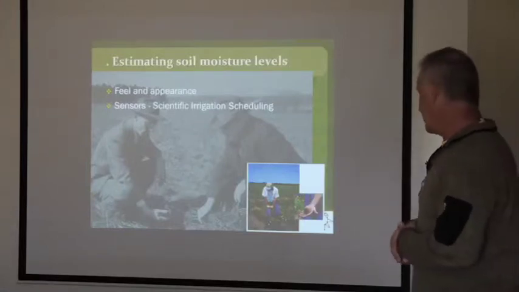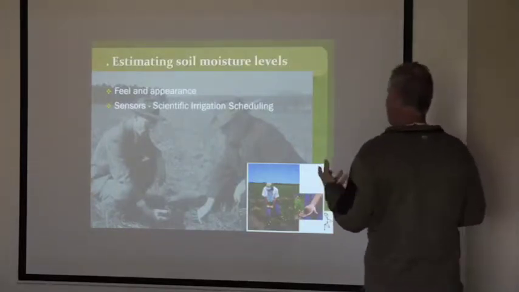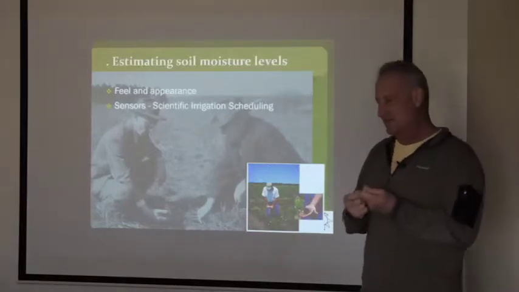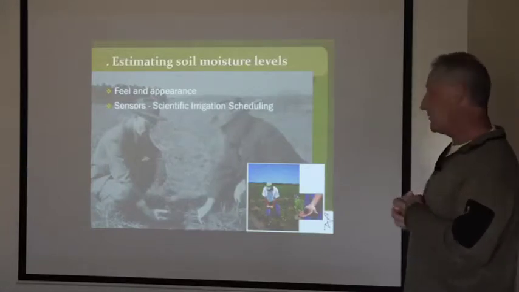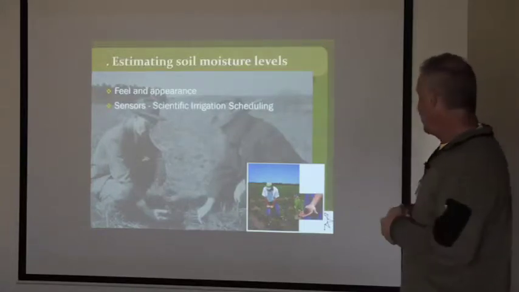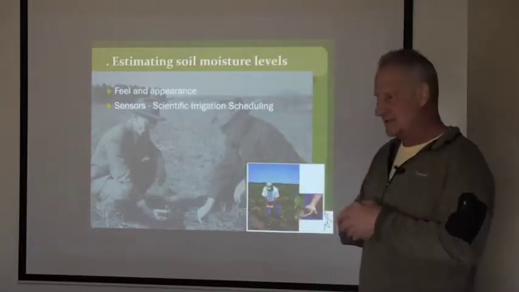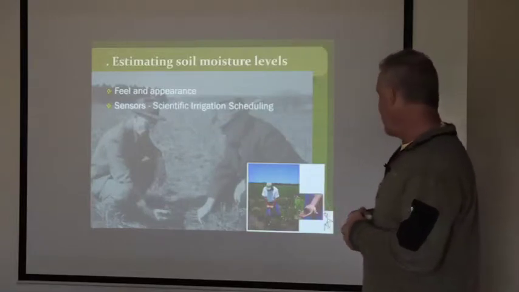So, estimating soil moisture levels. Normally we just feel it and look at it and get a sense of what it is, but nowadays they have sensors and gypsum blocks that we can put in the soil to measure soil moisture.